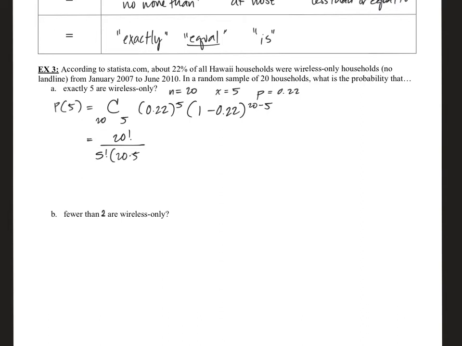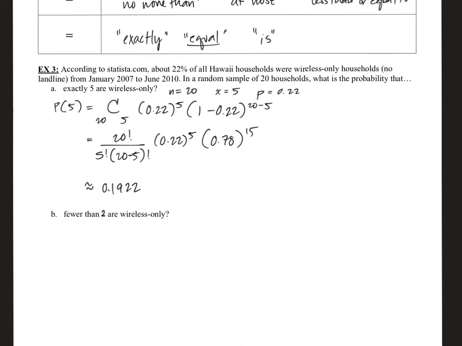And 1 minus 0.22 is going to be 0.782, to the 20 minus 5, 15th power. All right, let's plug that into our calculator and see what we get. This is going to be approximately 0.1922.